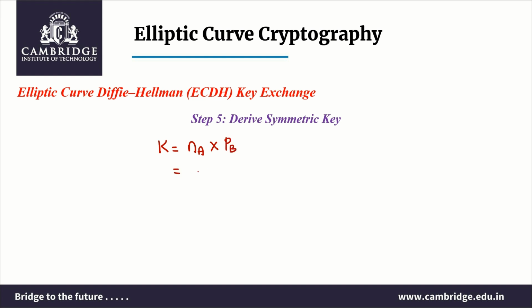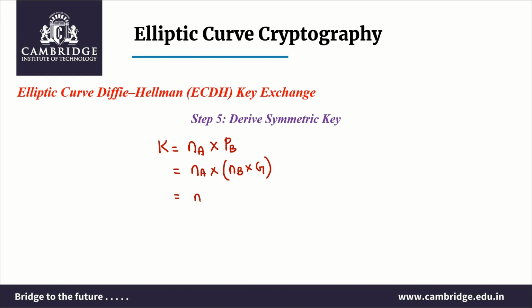So let us try to derive this like how we did in Diffie-Hellman. Now this is NA. What is PB? PB is nothing but the private key of B multiplied by that point G, correct? As I told, point multiplication is commutative in nature, as well as associative, and it satisfies the closure property.